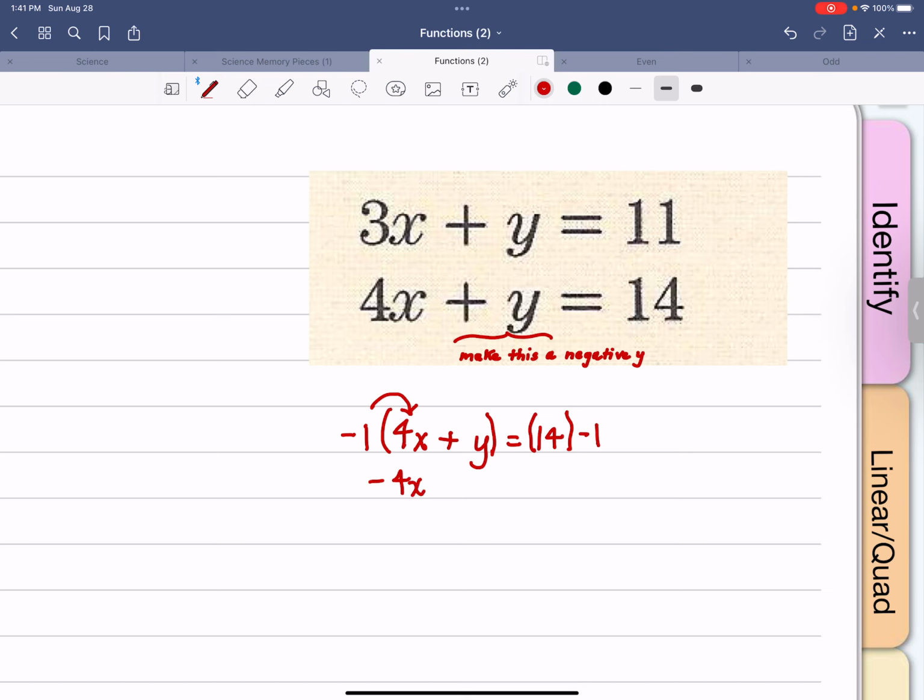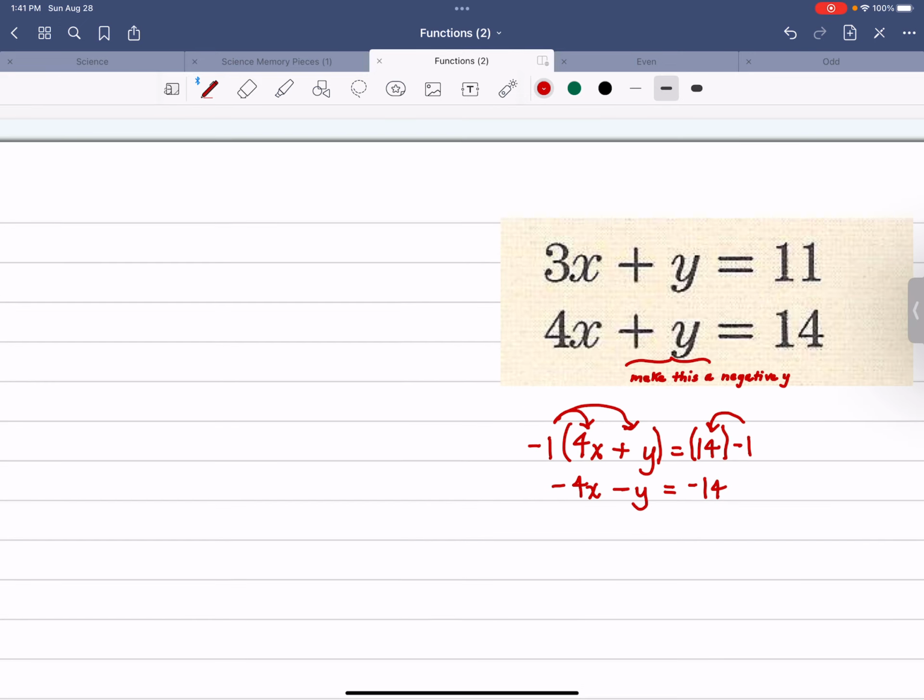Negative 1 times positive y is negative y. And then 14 times negative 1 is negative 14. So I have just distributed a negative 1 through this problem. And that changed the signs. It did not change the value of the equation because everything changed, not just the y.